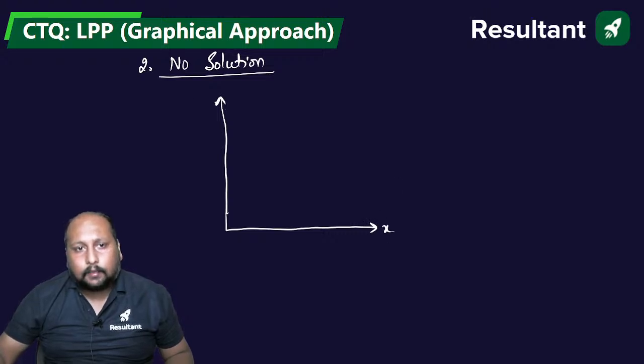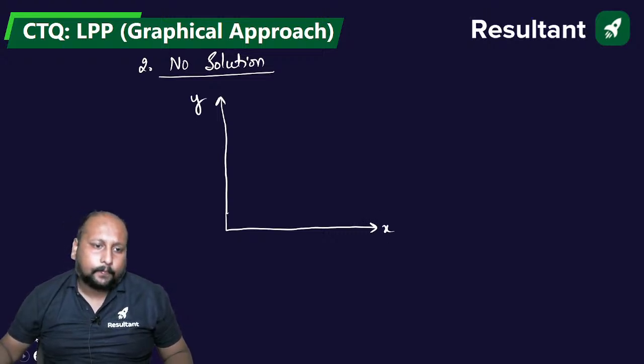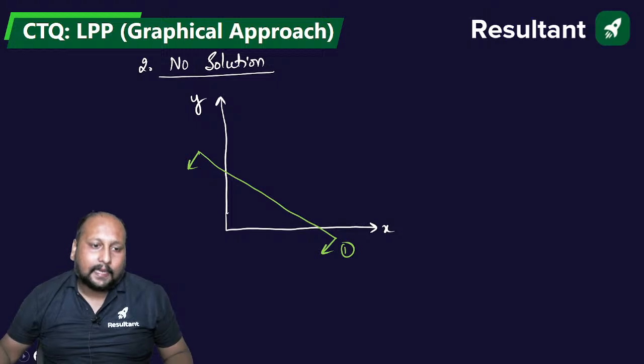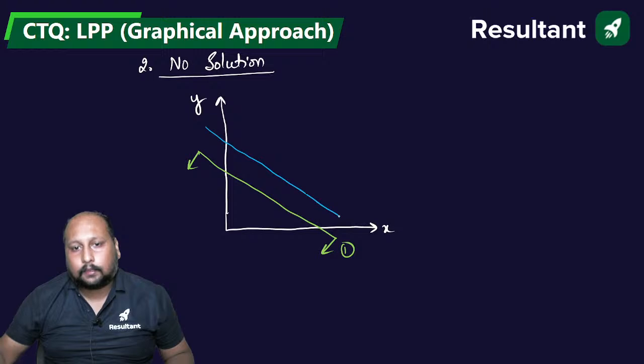X, Y. We are having, let us suppose, one constraint like this and a second constraint, let us suppose something like this, and it is greater than or equal to.